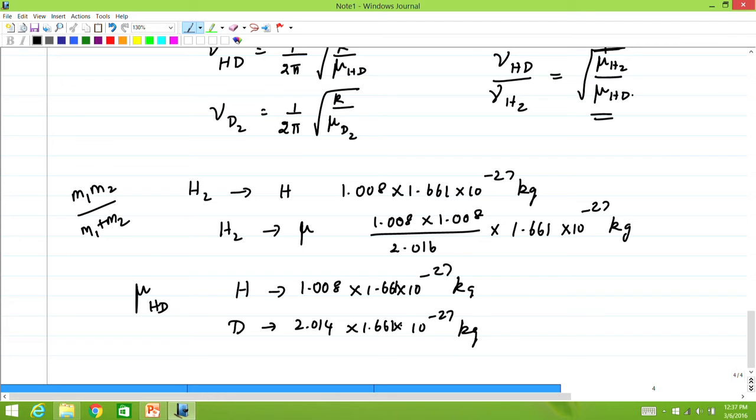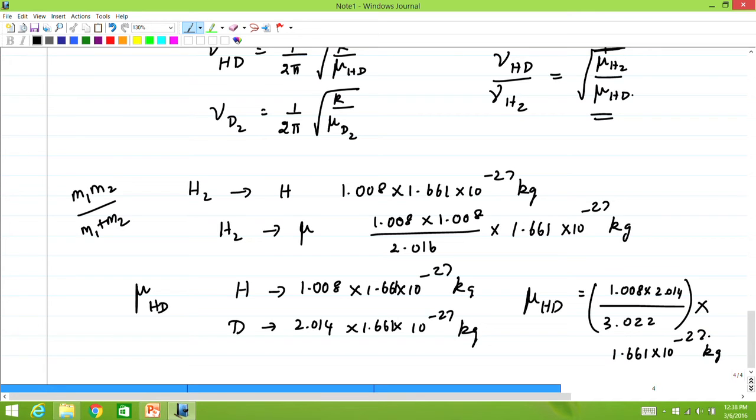Therefore, the mu of HD can be calculated as 1.008 times 2.014 divided by 3.022, the sum of the two, times 1.661 times 10 to the minus 27. So, this is the mu of HD.